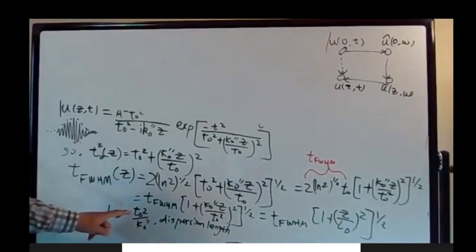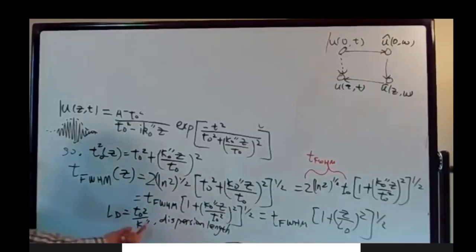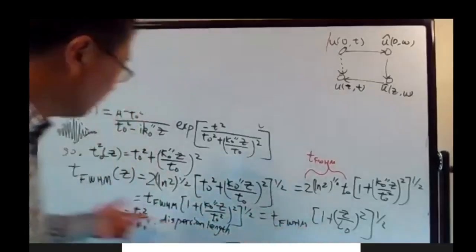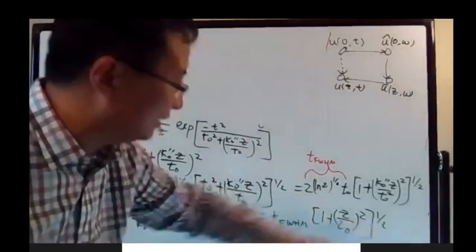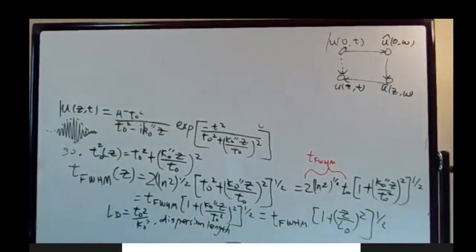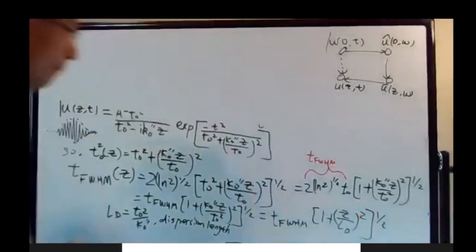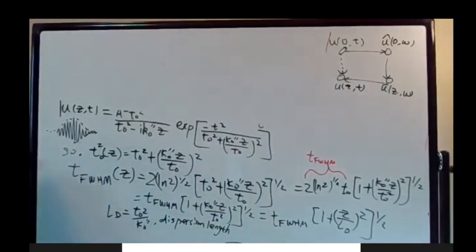It depends on the pulse width at the beginning and on K naught double prime, which is the dispersion parameter. So the pulse is broadening by a factor of the square root of 1 plus Z over LD squared. Questions?